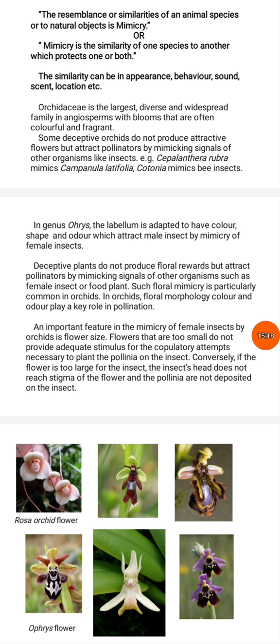So the pollinia are not deposited on the insects and pollination does not take place. So flower size plays a very key role in mimicry and also in the pollination process.